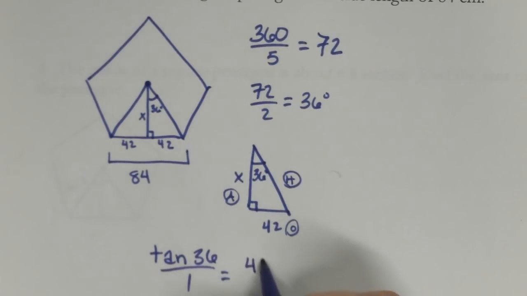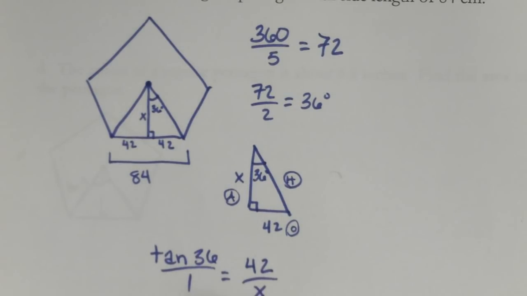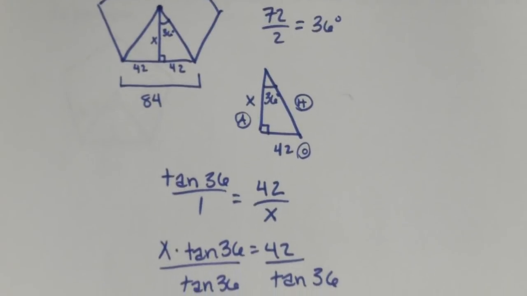So O over A. Cross multiply, divide by tangent of 36. 42 divided by the tangent of 36 in your calculator, 57.808. That's going to be the height of the triangle.